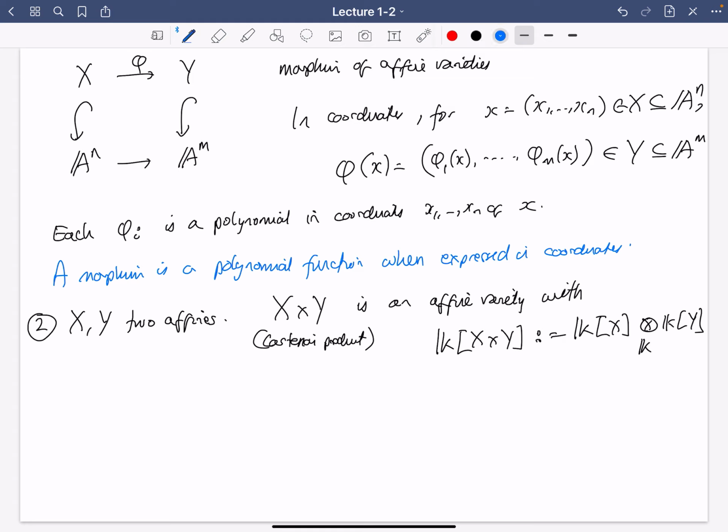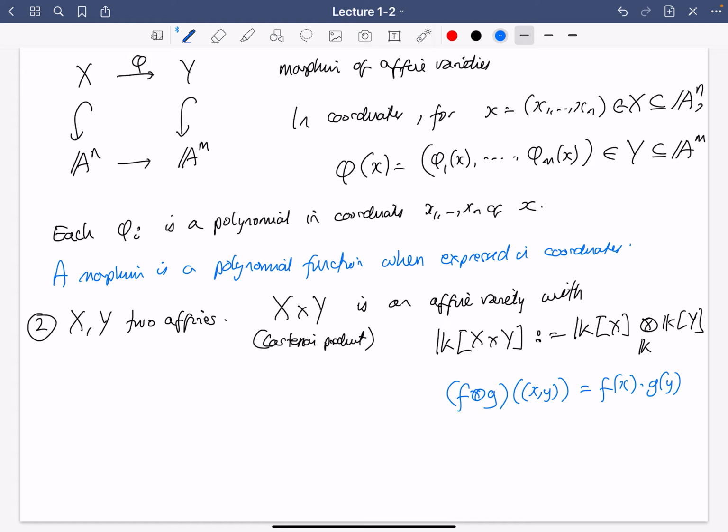So its elements are sums of pure tensors, and for a pure tensor f tensor g, f is a function on x and g is a function on y. F tensor g is meant to be a function on x cross y, so you have to understand what scalar it takes a point (x, y) in the Cartesian product to: you calculate f of x, that's a scalar, g of y, that's a scalar, and then you multiply those scalars together in the field. So that's the coordinate algebra.